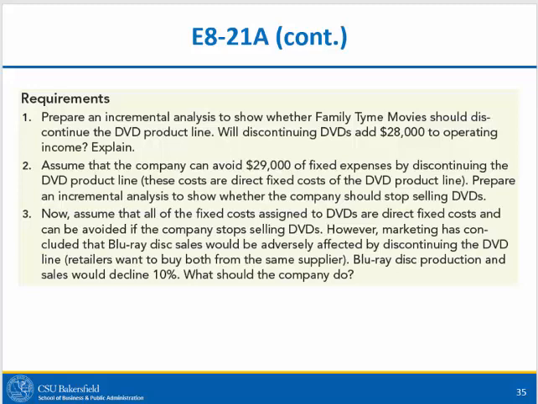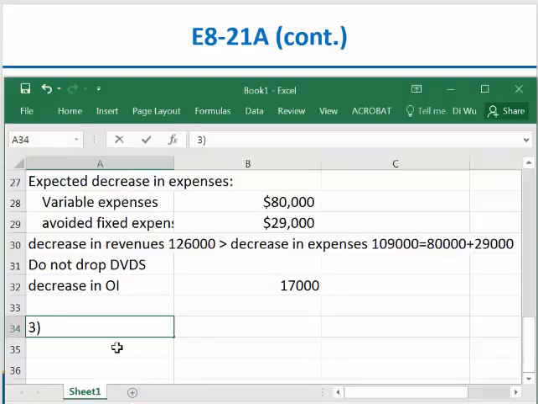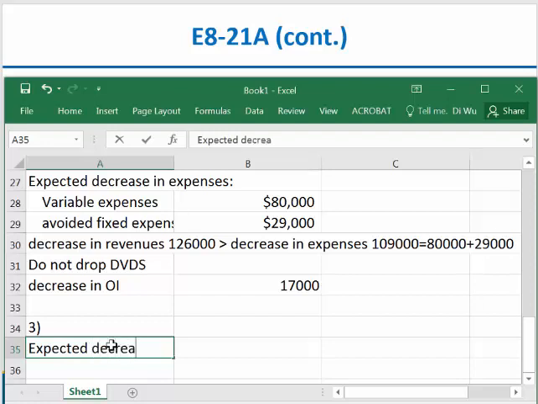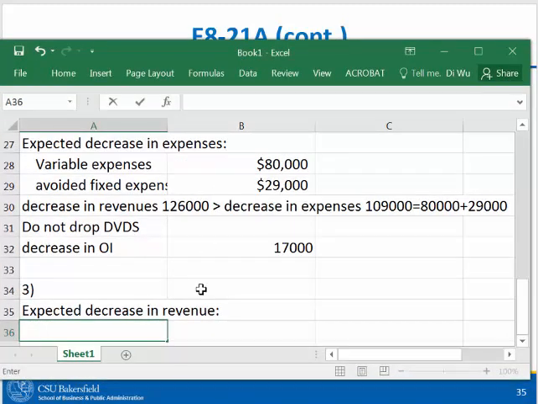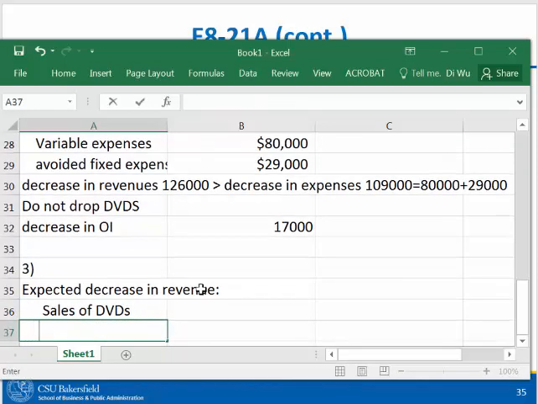Let's take a look at all the conditions in the question. I'm not going to write down all of them, but once again, the incremental analysis is quite similar. First, you look at the expected decrease in revenue. You're going to lose sales of DVDs, and in the meantime, you're going to have some loss in Blu-ray sales by 10%.